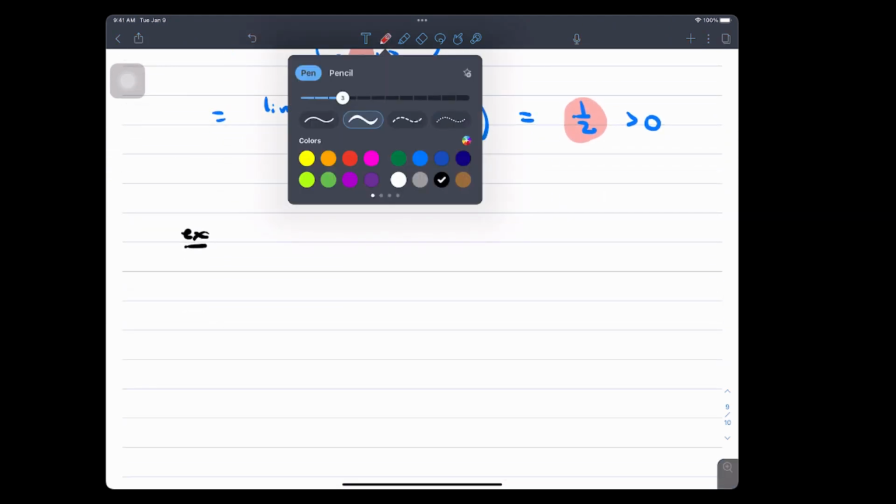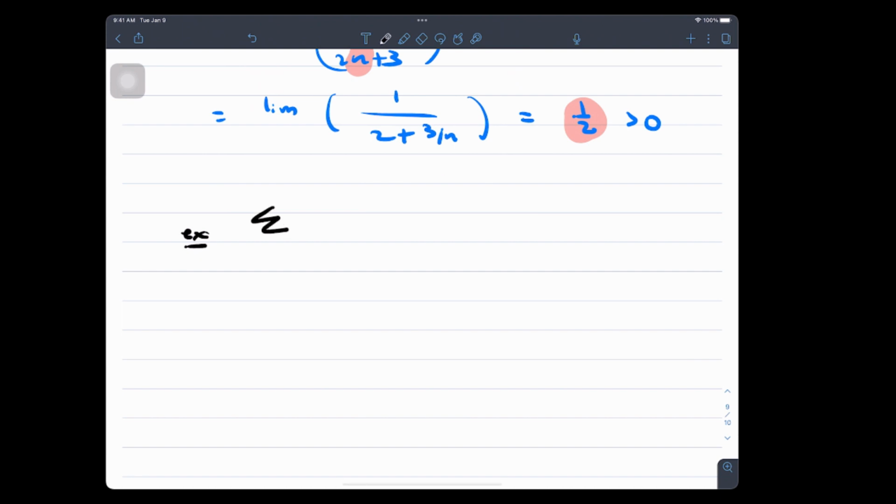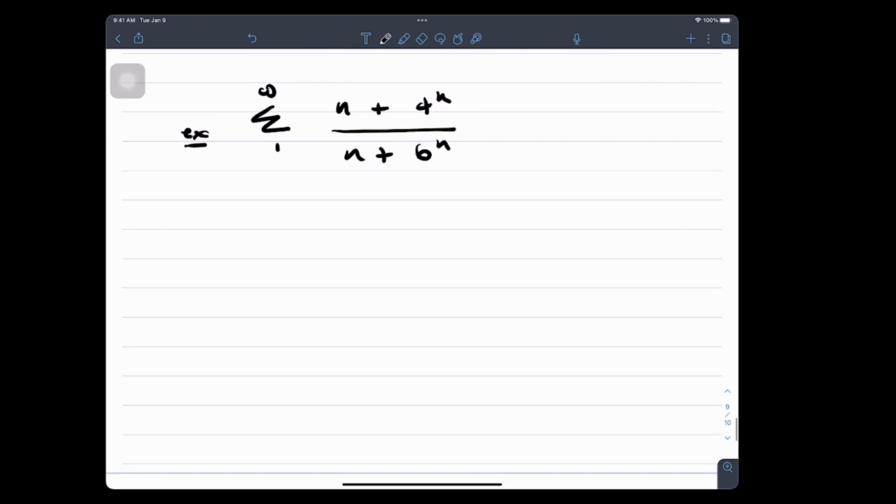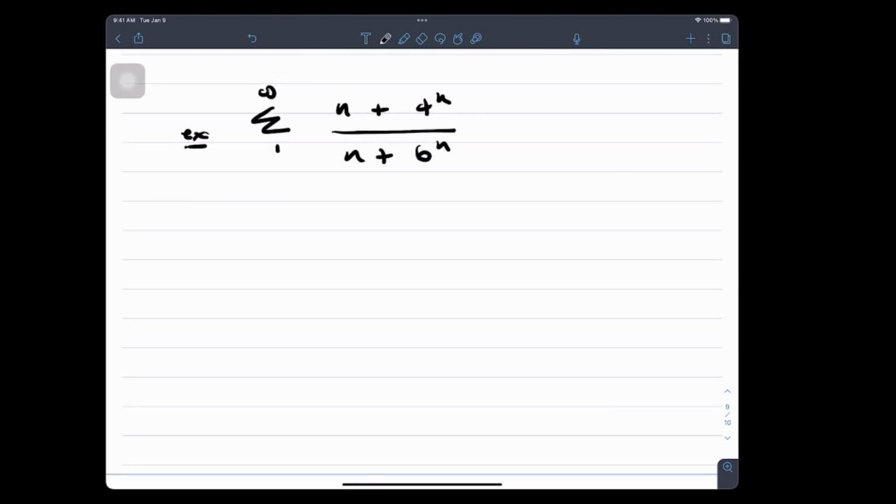This example is very interesting. Okay, so this is a very interesting kind of question.